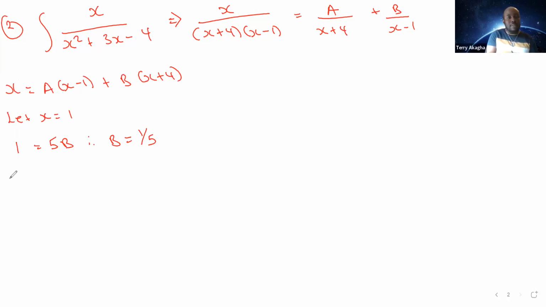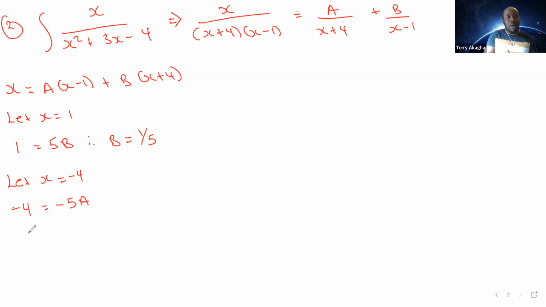Now for the next one, let x be minus 4 so that this cancels out. So minus 4 plus 4 gives 0, and this cancels out. Minus 4 will be equal to a times (minus 4 minus 1), which gives minus 5a.